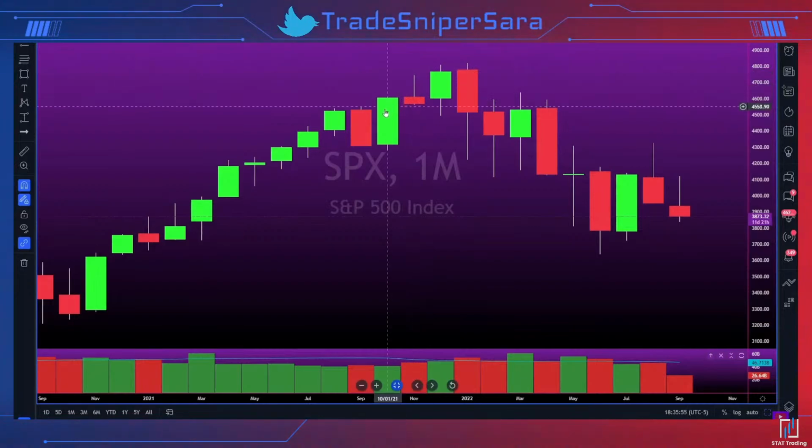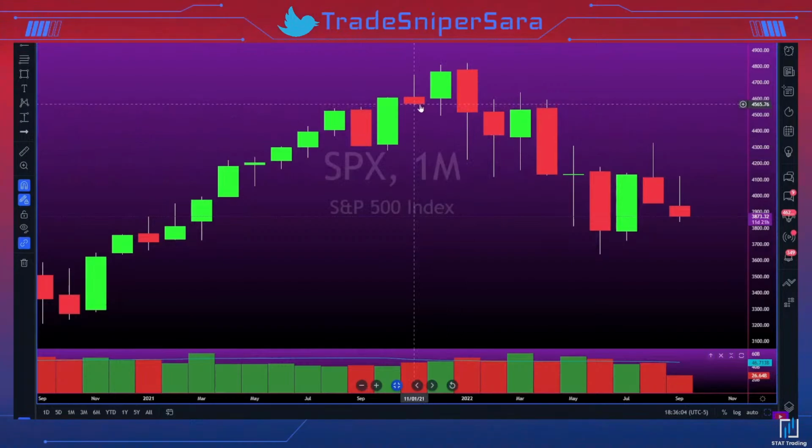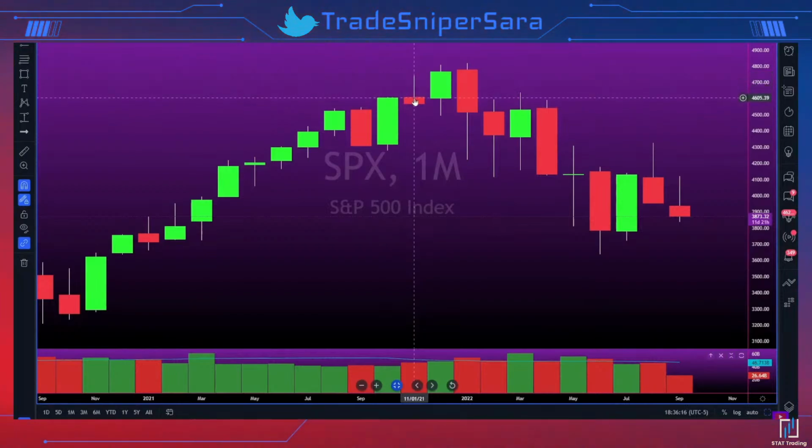And when you think down in the stock market, you think red. It's important to notice this difference, because what this is telling you in a very simplistic way is that the bulls tried to take the price up, but basically failed and were weak.